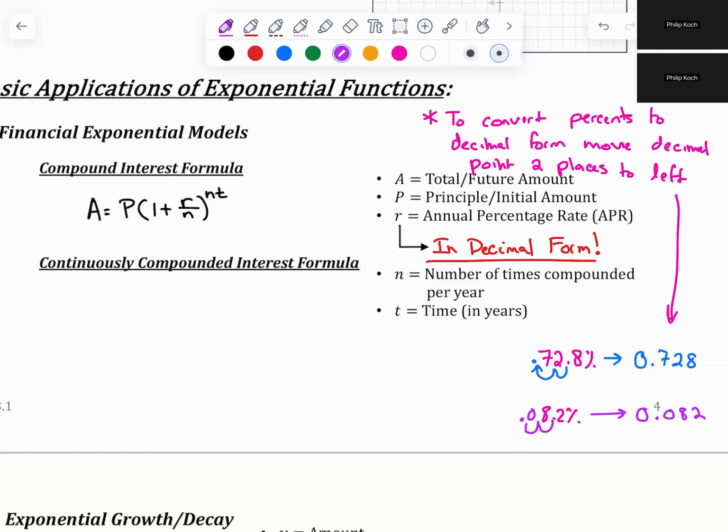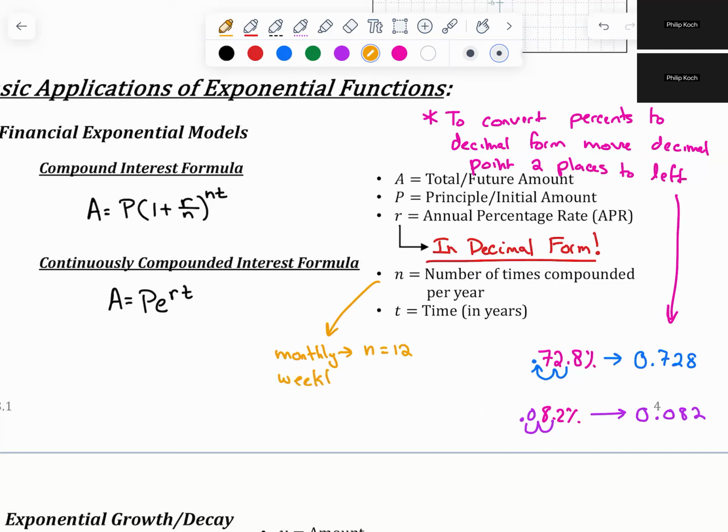And then there is the continuously compounded interest formula, which is A is equal to P e to the RT. Oh, I didn't even get to finish talking about the N and the T. N is the number of times that the interest is compounded per year. Just as an aside on this one, monthly implies N equals 12.